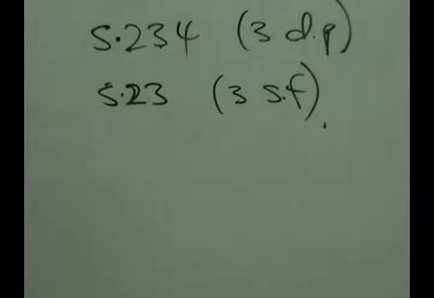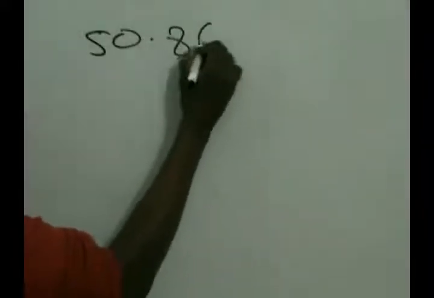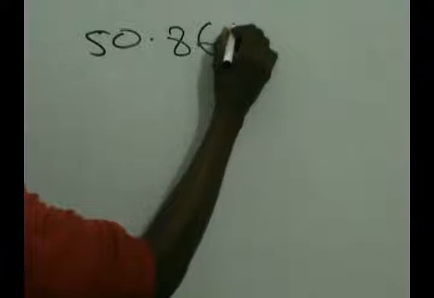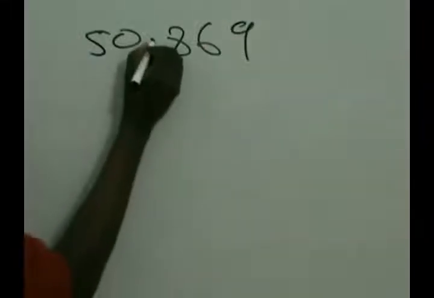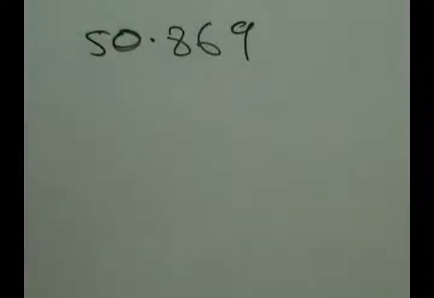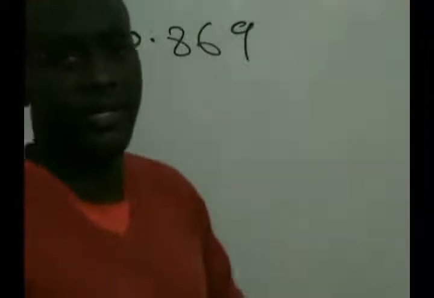So we're going to change up the game a little bit. Alright? How about if you had 50.869? Alright? 50.869, again, we want to start off 1, 2, and 3. Let me express it to one significant figure and one decimal place first to begin with.